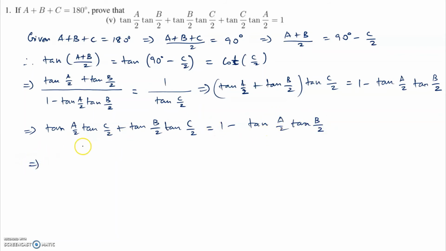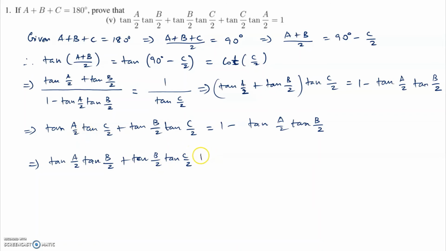Now bringing this to the left hand side, this will now become tan A/2 tan B/2, which is this term here, you're bringing it to the left hand side. Then let's put this term next, tan B/2 tan C/2.